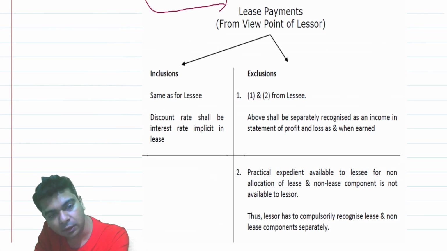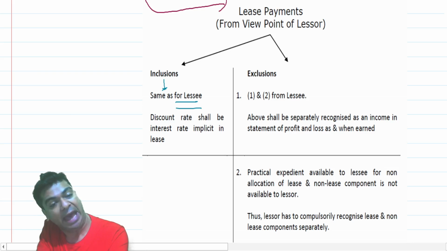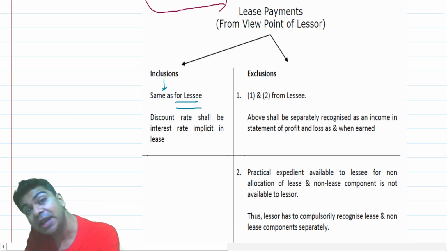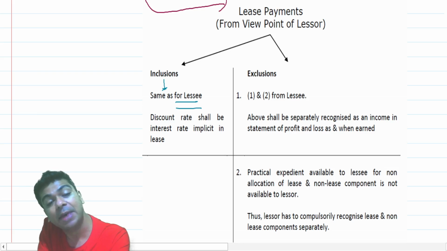So what are the inclusions? Just see. For inclusions, they are saying same as for lessee. Oh my God, this is really a nightmarish situation as far as a teacher is concerned, because you are saying same as for lessee.